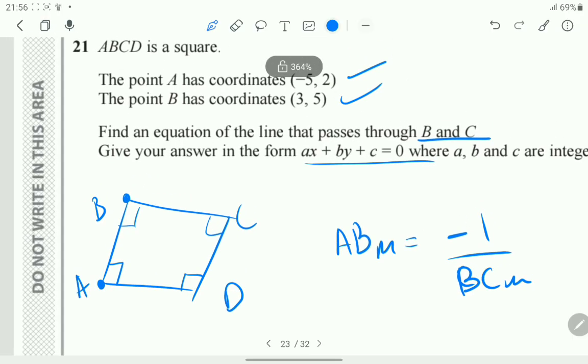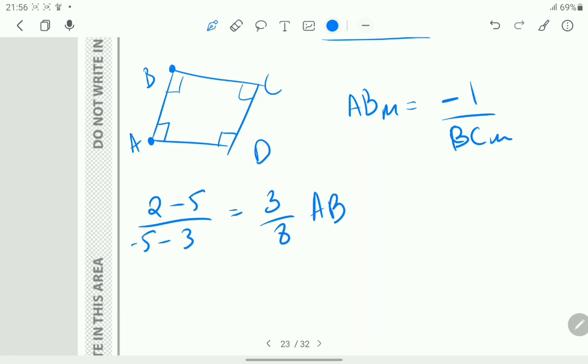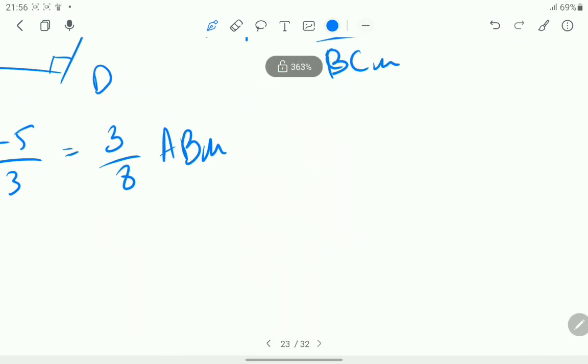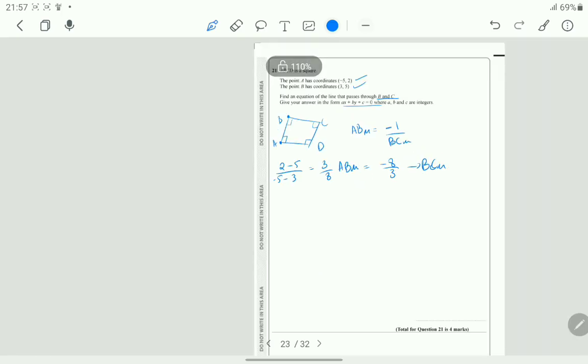We can find the gradient of AB using the formula y2 minus y1 over x2 minus x1, which gives us 3 by 8, and this is the gradient of AB. If I take the reciprocal and a negative, we get minus 8 by 3. This is the gradient of BC.